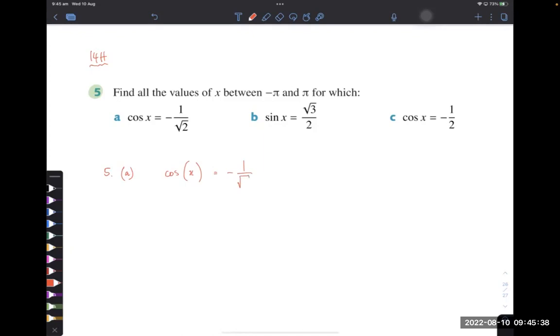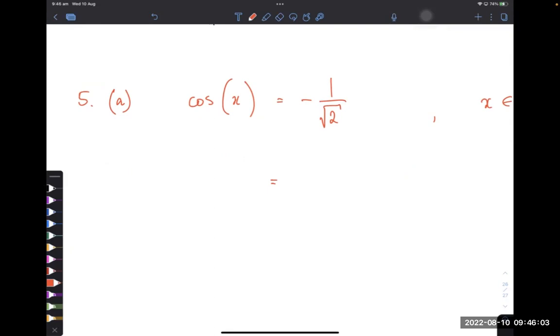Find all the values of x between negative pi and pi. So our domain is negative pi to pi. Now, have we seen this ratio before? What's this the same as? Have you done rationalizing?